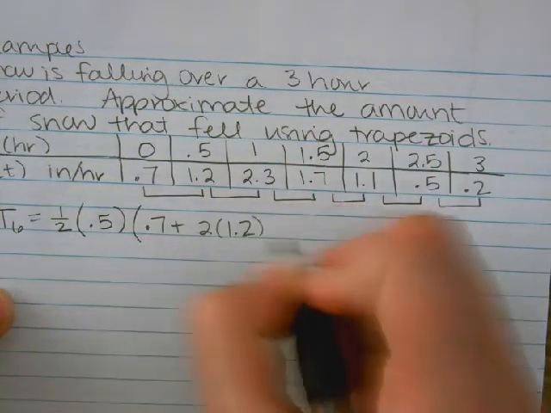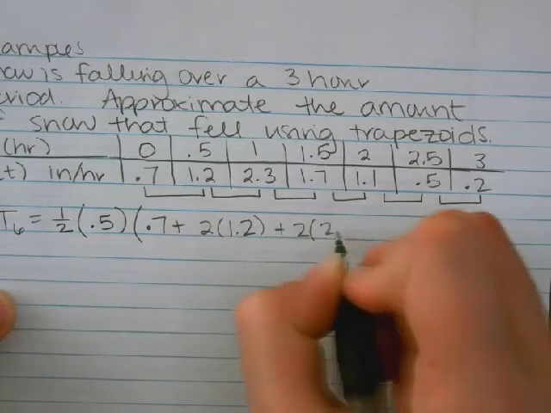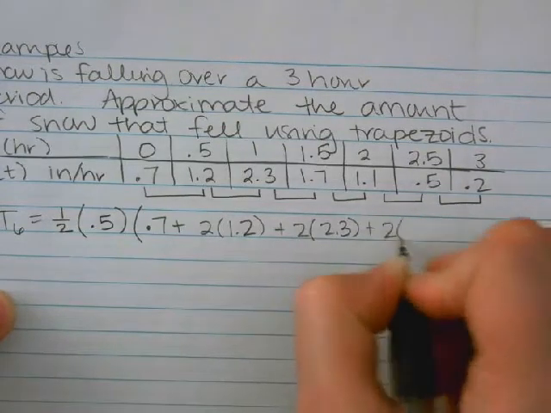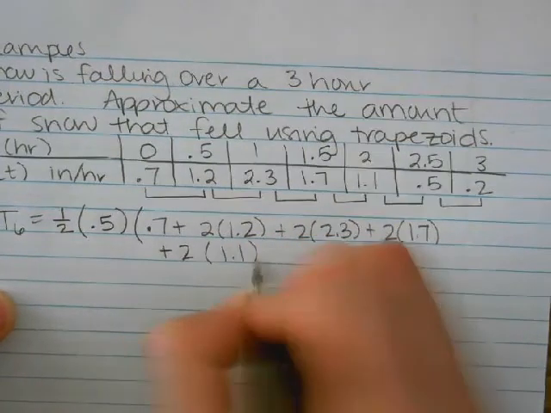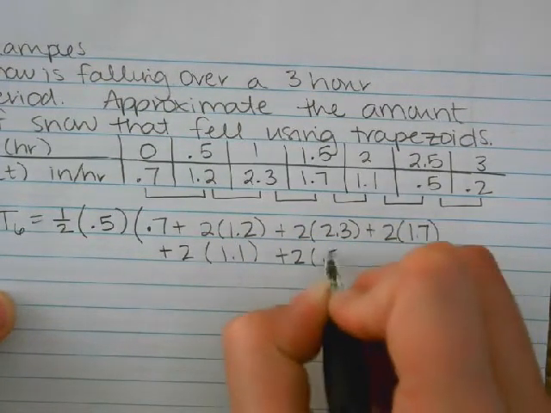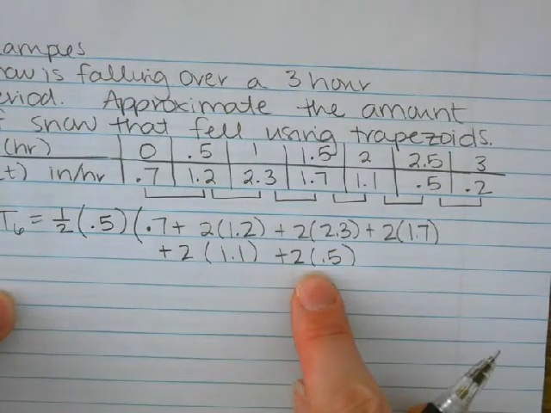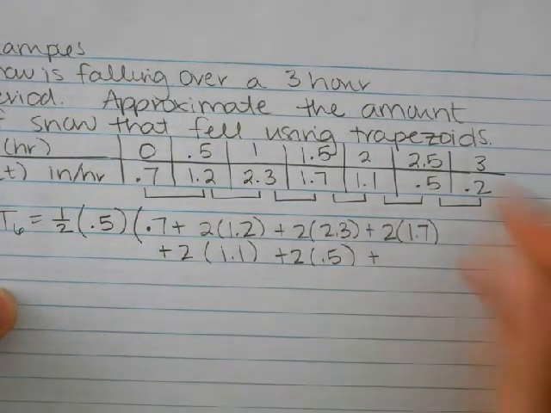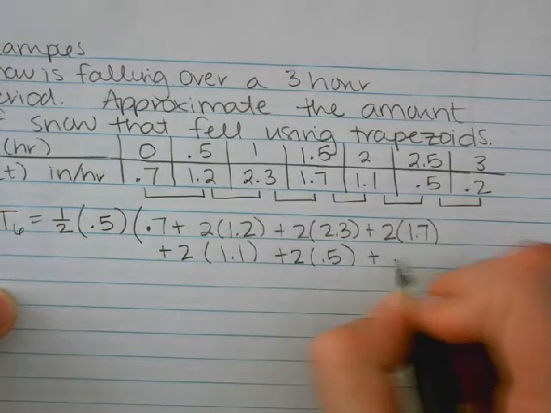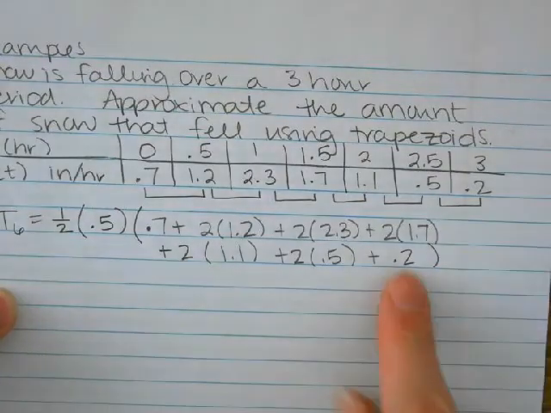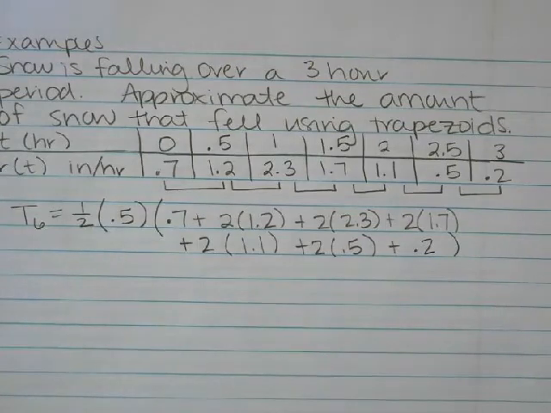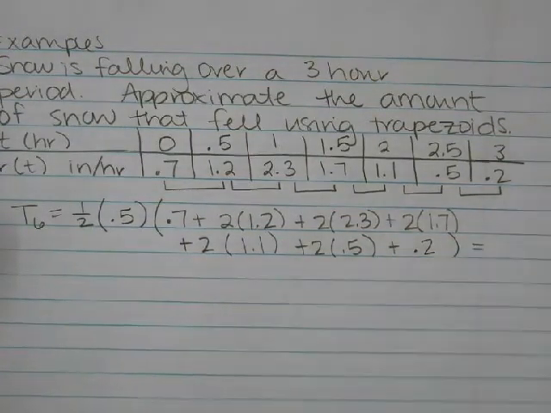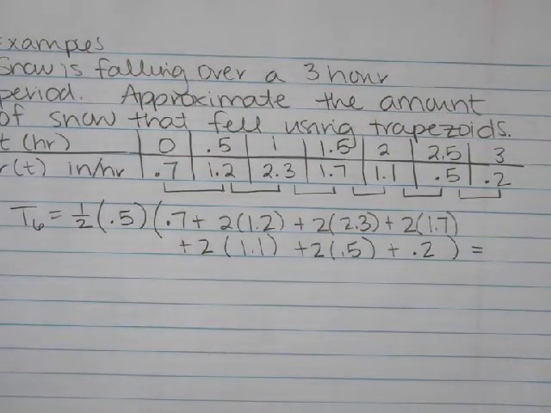So plus 2 times 1.2 plus 2 times 2.3 plus 2 times 1.7 plus 2 times 1.1 plus 2 times 0.5. And then the last one only gets to be the right base, so I'm going to say just 0.2 at the end. And then that's how I could use the trapezoids to calculate the area underneath the curve, which in this case means how many total inches fell if we're adding up all the inches from those rates of change.